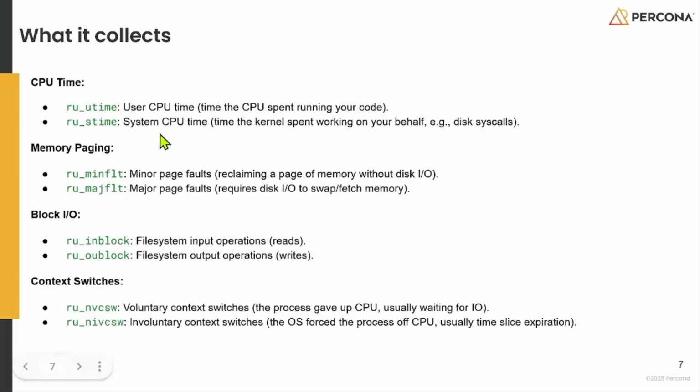What it collects and compares: CPU time, both user space and system space, memory page faults, both minor and major, IO, both reads and writes, and context switches, both voluntary and involuntary. This information will be collected and compared before and after the SQL execution.